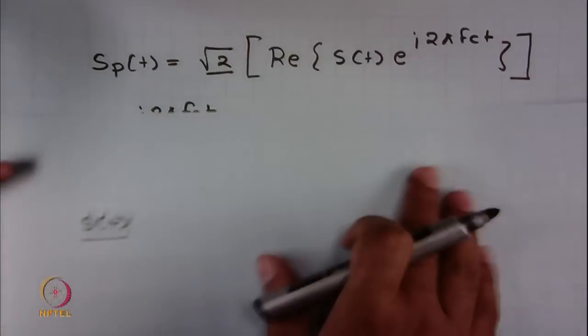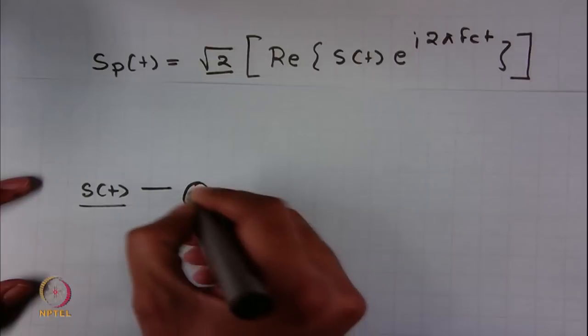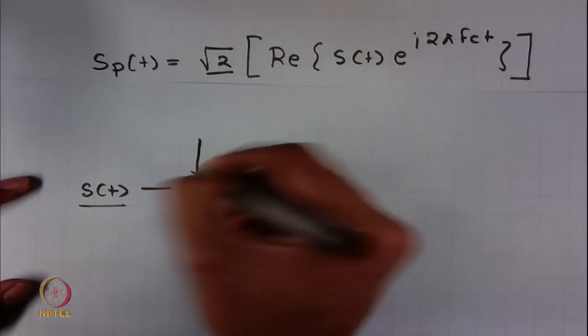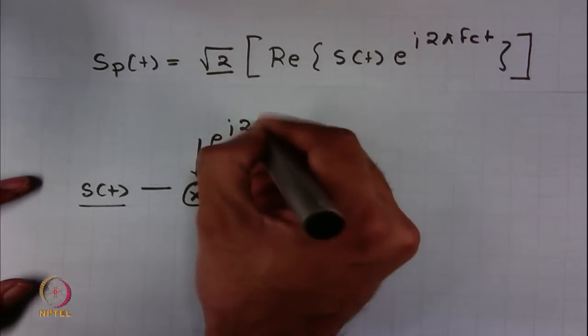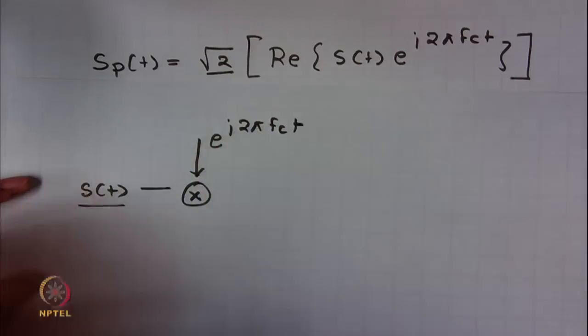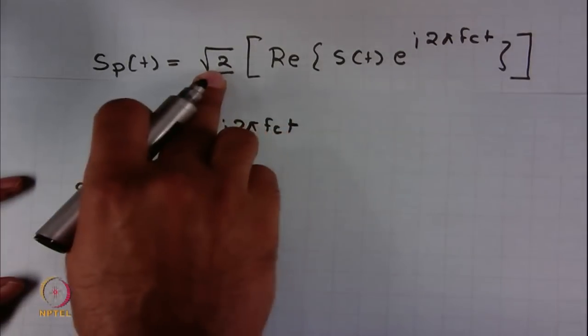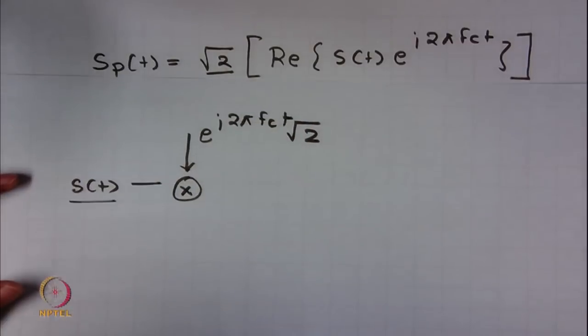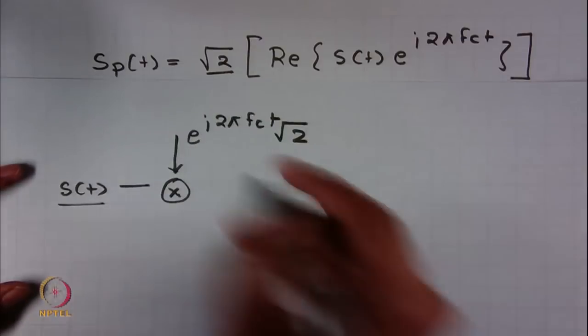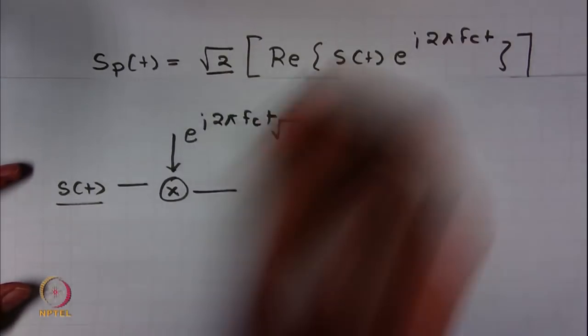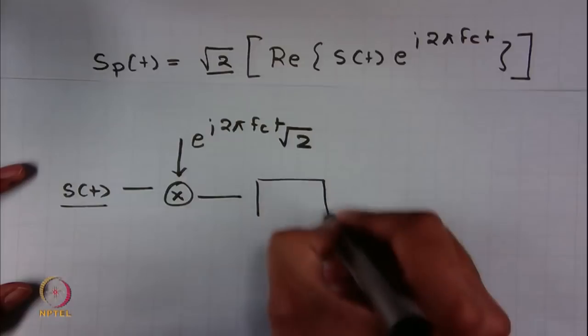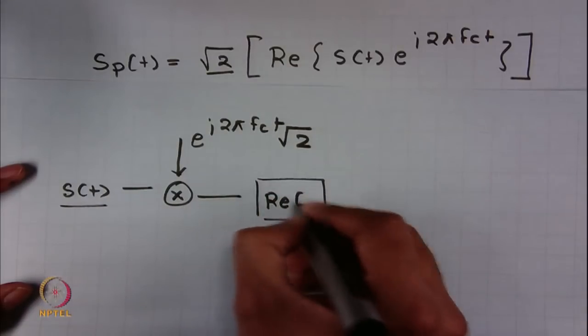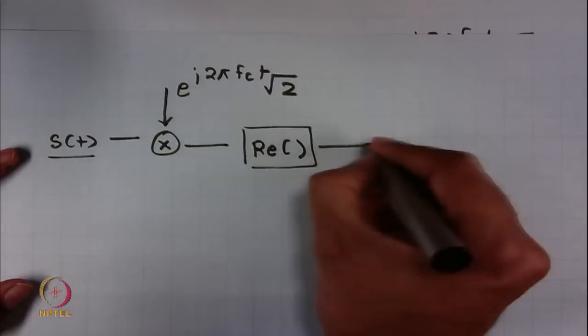I multiply this with root 2 times e to the power j2πf_c t. What I have to do then is to take the real part of this quantity and then I get S_p(t).